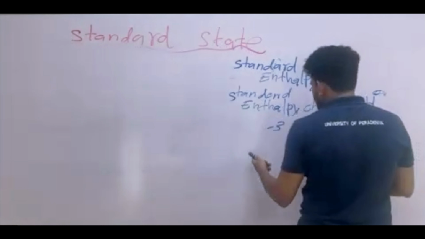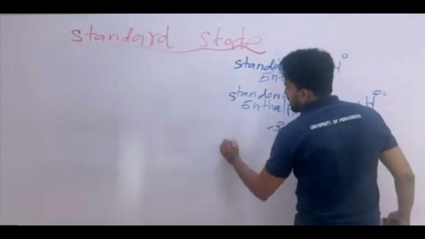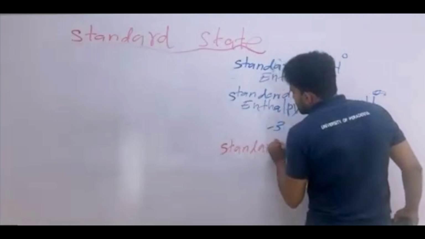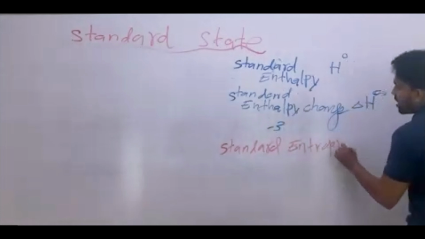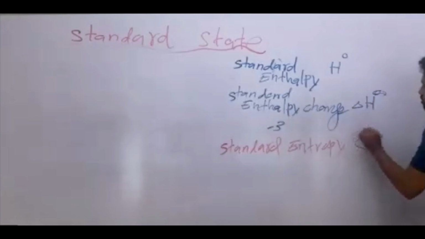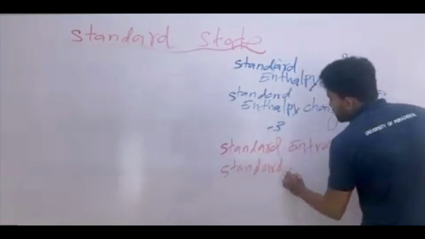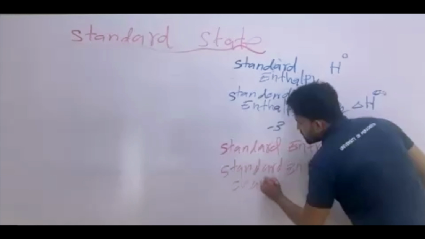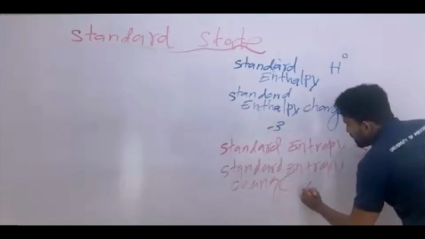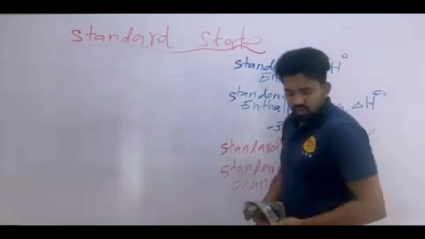Standard entropy is S naught. Standard entropy change is delta S naught. This is how we denote them.